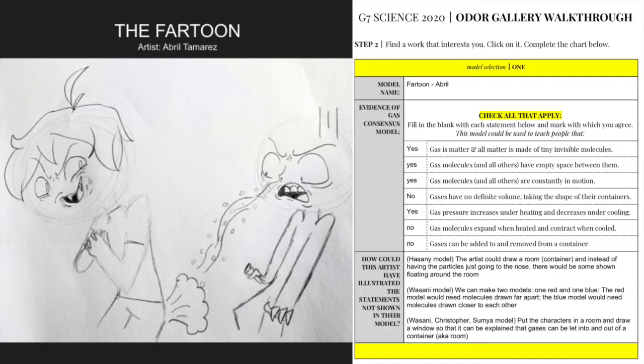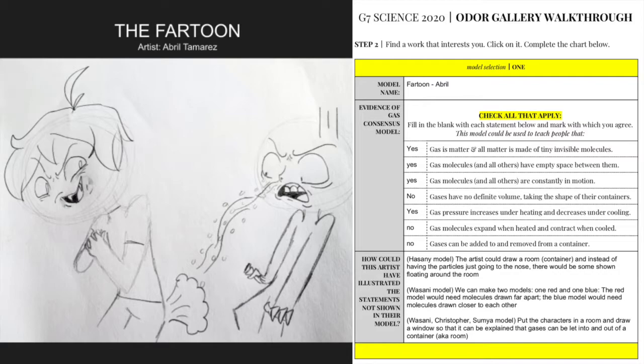So Christopher, how might this artist put this scene in a container for us to model this principle of gas? So maybe when the person who's farting farts, and the person who's smelling it, they could grab a container and just close it. So we can catch the fart in a jar.